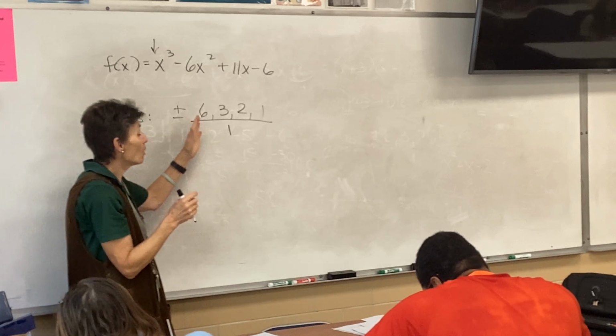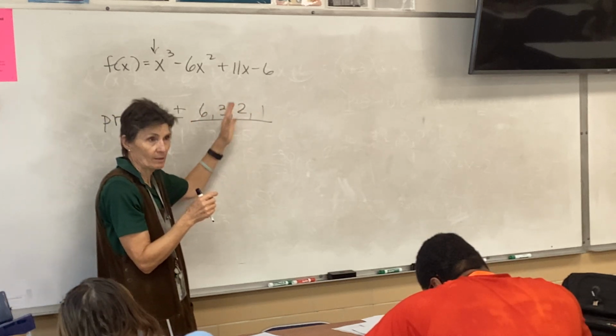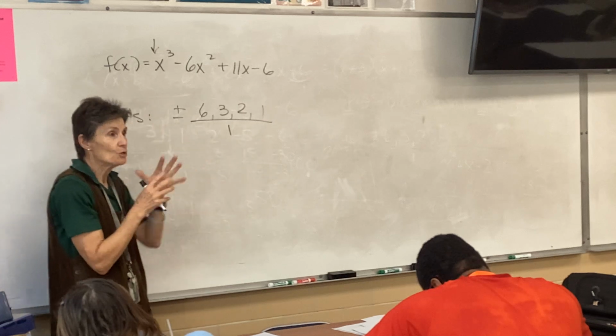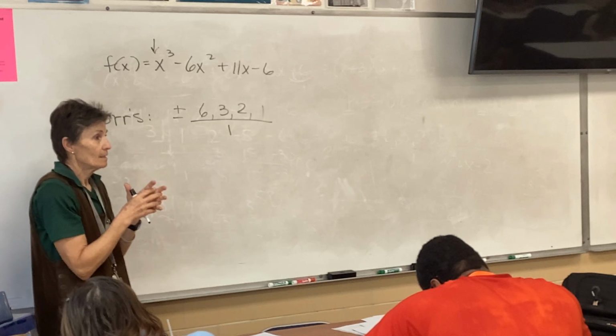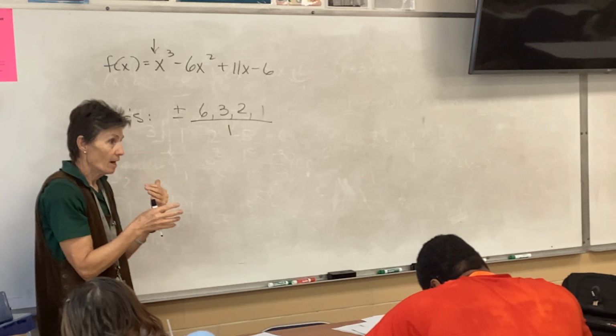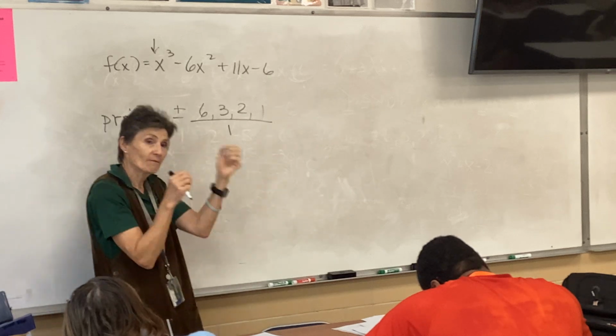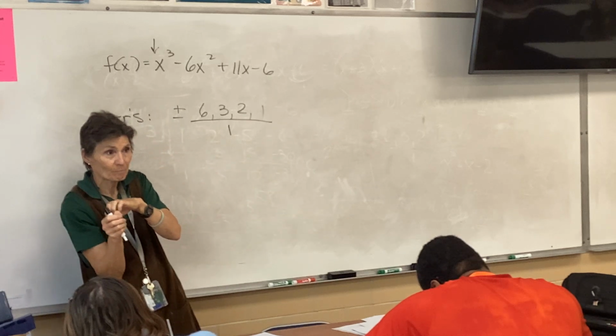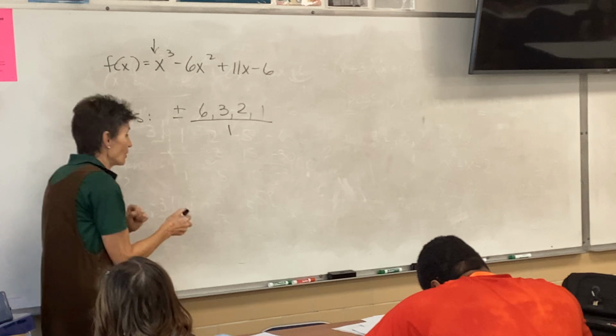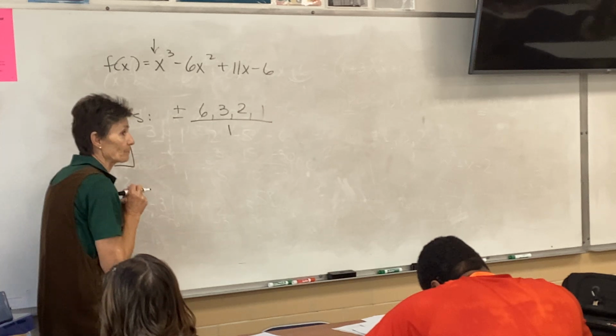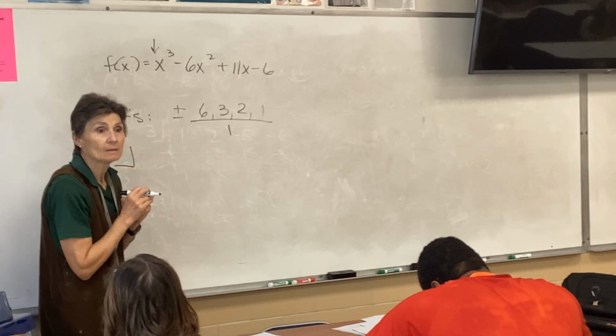So you have a total of 8 different numbers here, and you have to start guessing until you get one that divides and gives you a 0, okay? So what are we going to guess first? What? 2?